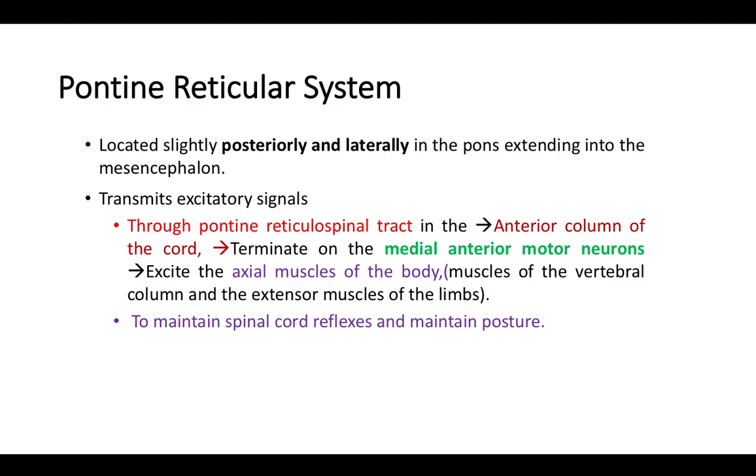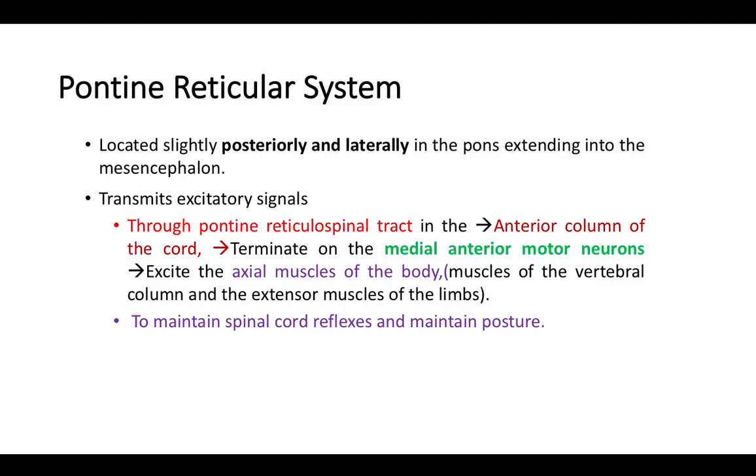Now what is the pathway like? Pontine reticular fibers pass through the pontine reticulospinal tract, which runs in the anterior column of the spinal cord and terminates on the anterior motor neurons, exciting axial muscles of the body. Axial muscles mainly means muscles of the vertebral column and extensor muscles of the limb.